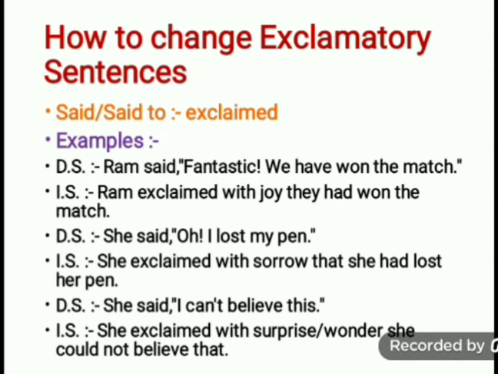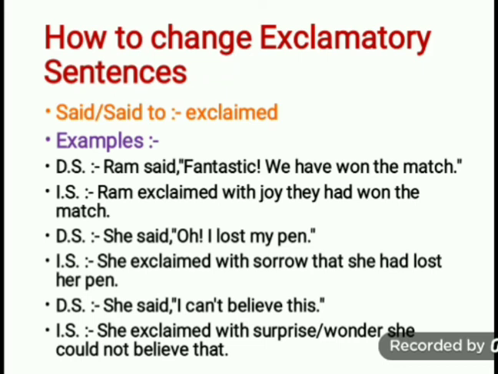Direct speech. She said, I can't believe this. In indirect speech, she then said is to be converted into exclaimed. Then I can't believe this is a feeling of surprise or wonder, so we used with surprise, or you can write wonder.